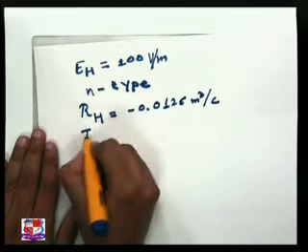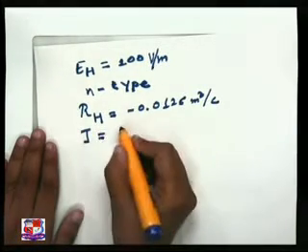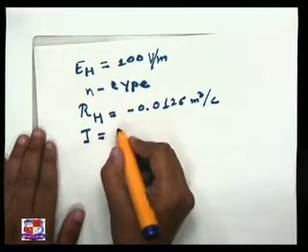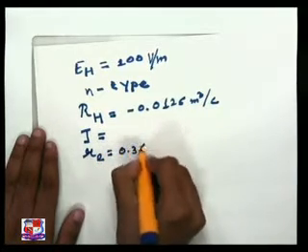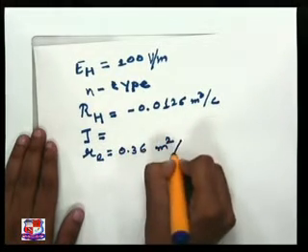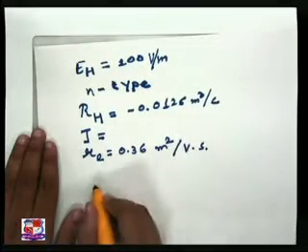We have to find the current density as we have found earlier, and mobility is given, that is 0.36 meter square per volt second.